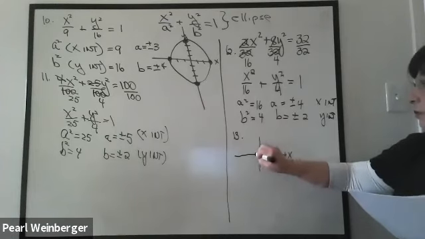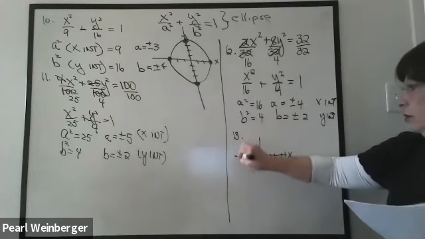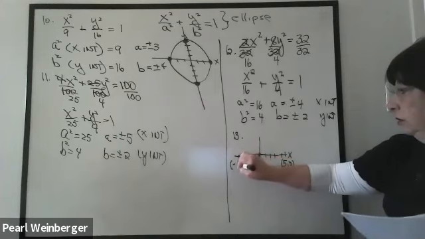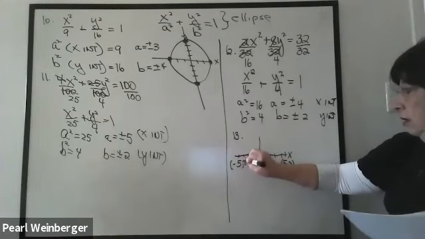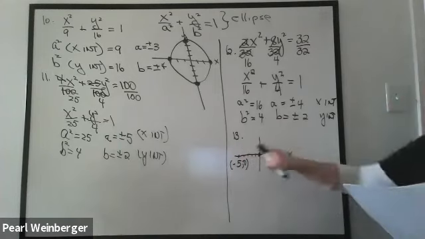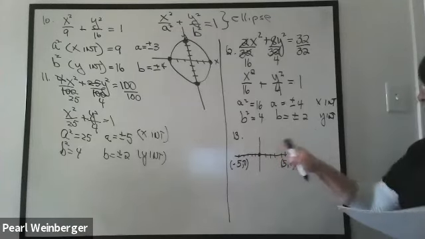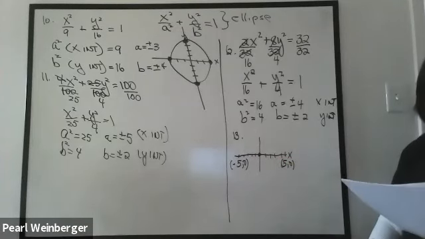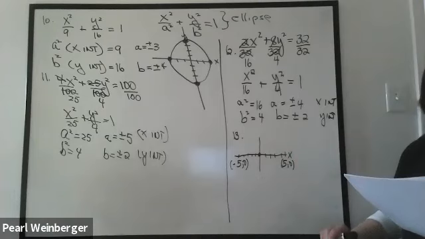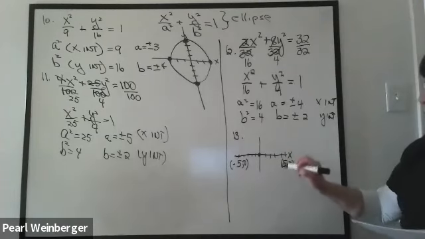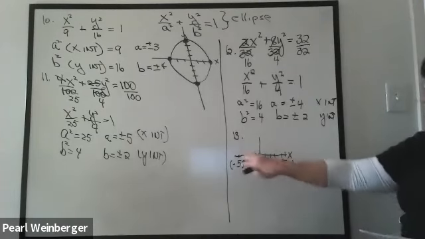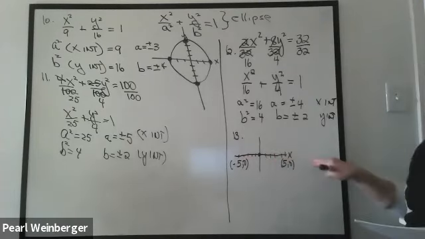And you'd also have to go 5 to the left. Since the whole thing is 10, it means from the center it's 5 in each direction. The minor axis is 8, and that's along the y-axis. Remember, the major axis is the long one, the minor axis is the shorter one.